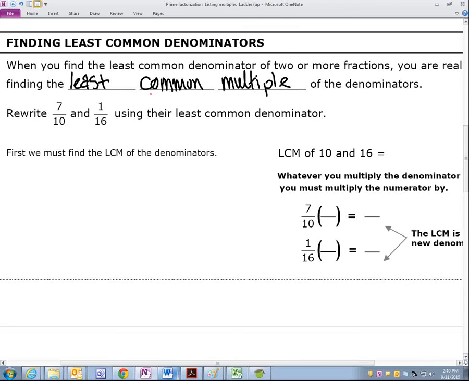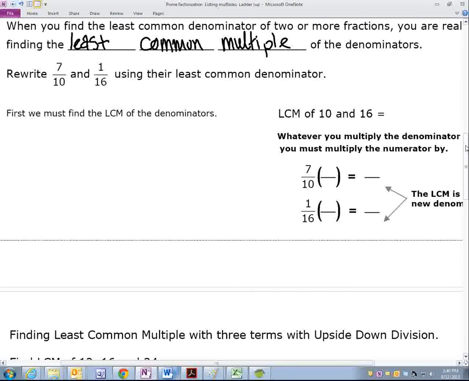So since it's the case, we need to rewrite 7/10 and 1/16 using their least common denominator because we're going to try to manipulate them. Not personally, but we're going to work with them. So we have 10 and 16, which is 2, 5, 8. We have a prime number.